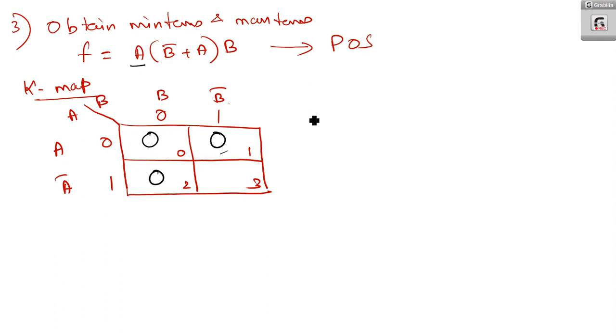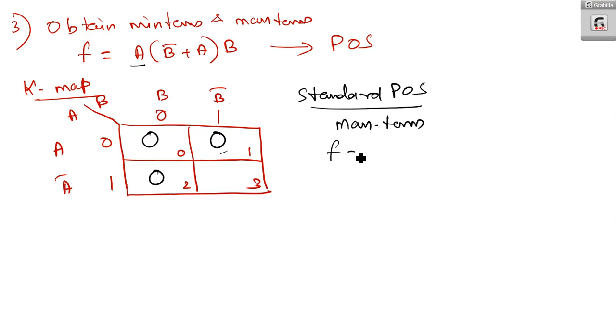How do you write the standard POS form? Or we can write it in max term form. In max term form, you can write F is equal to pi M of 0, 1 and 2, whereas the other term becomes 1.